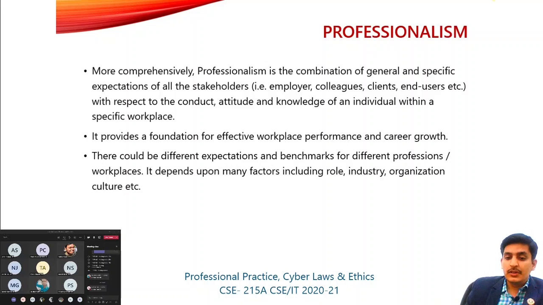Let's say as a professional person, you have the employer who has given you the job, you have colleagues who are working with you, you have clients who are paying your salary, you have end users who will eventually be the users of your system or whatever product you have designed. For example, in case of, let's say, an overbridge, the client may be the government. Okay, the government has given you a contract to build an overbridge, but the end user is the general public. So that is the differentiation here between clients and end users.